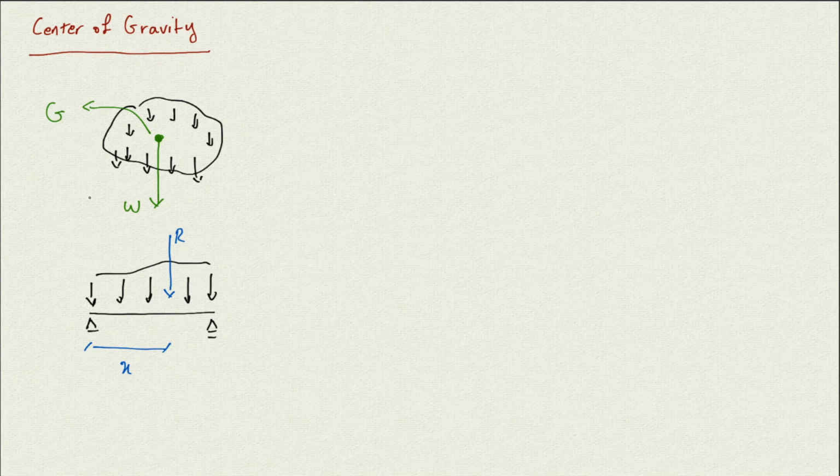If we add all the small weights, all the forces applied at the single particles, together, it is going to be the total weight of the object, and the position where that resultant weight is applied is going to be the center of gravity.